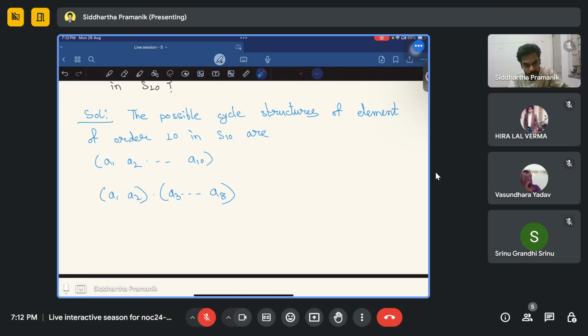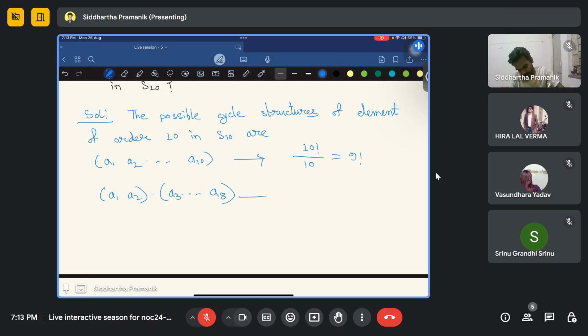So we need to determine how many 10 cycles there are and how many elements of the other type. The number of 10 cycles is very easy. This has 10 choices, this has 9 choices, down to 1 choice. And we can write this 10 cycle in 10 ways, so 10 factorial by 10, which is 9 factorial.